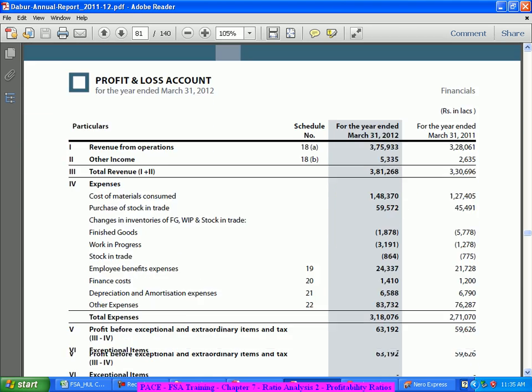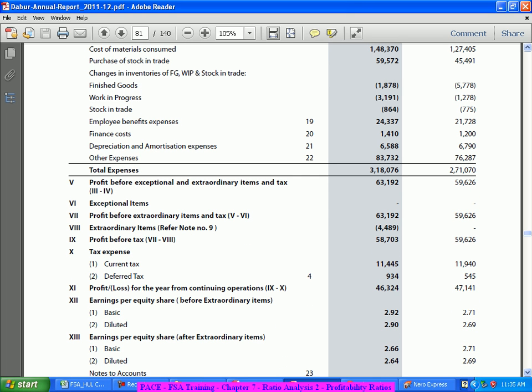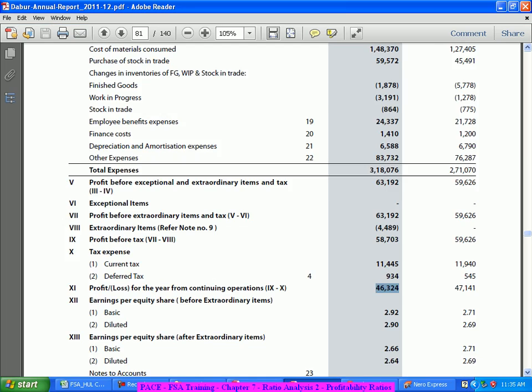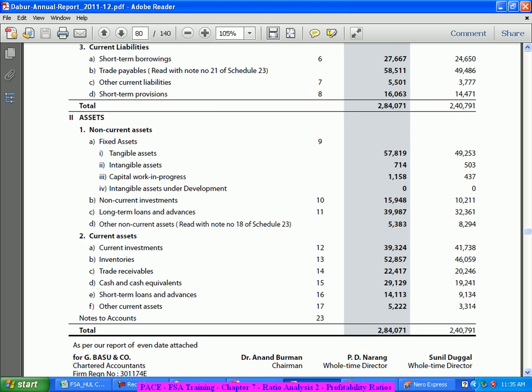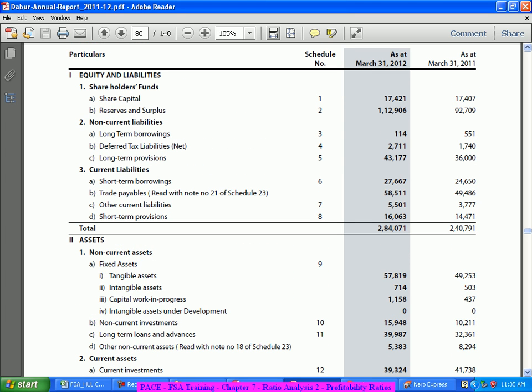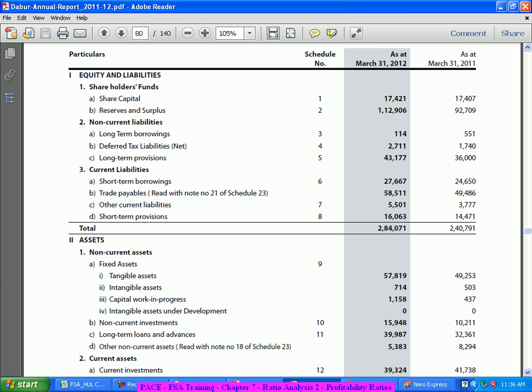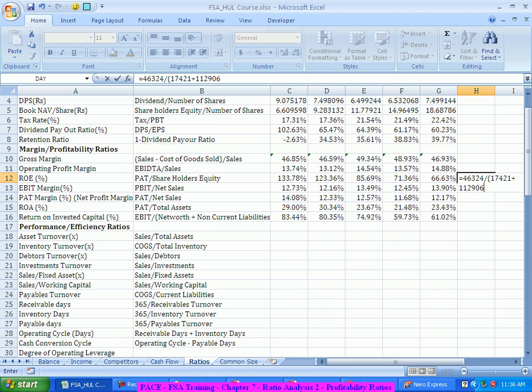So what is the PAT for Dabur? 46,324, right? 46,324 divided by shareholders equity here, probably a small addition, 17,421 plus 112,906, around 35% only.